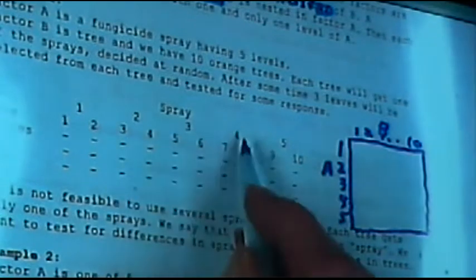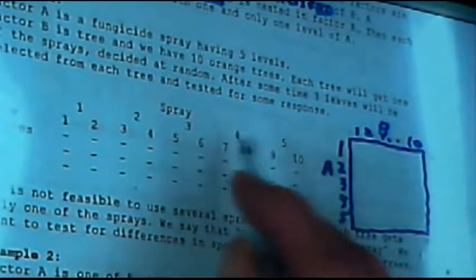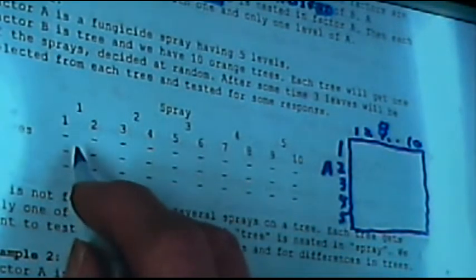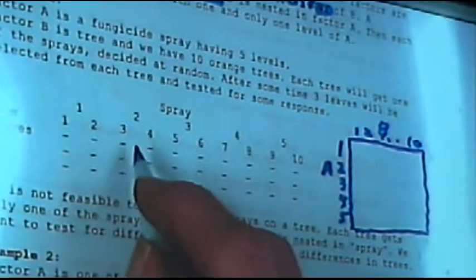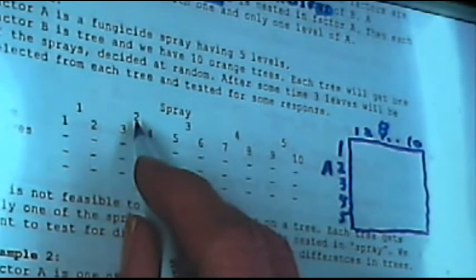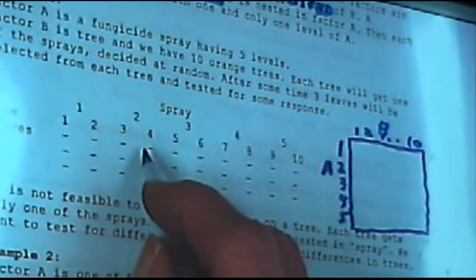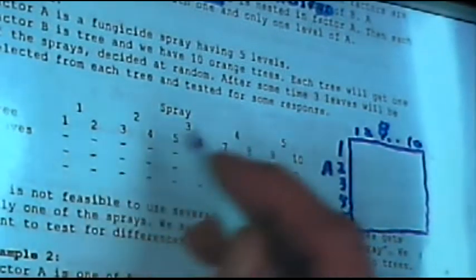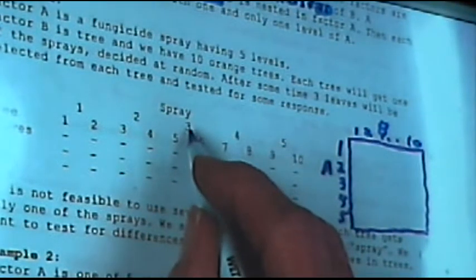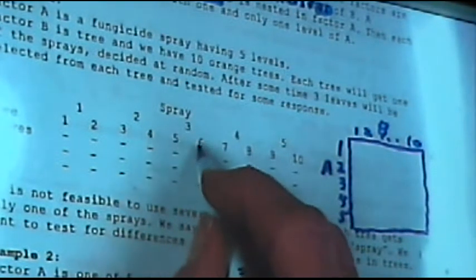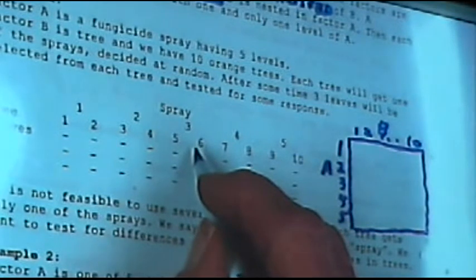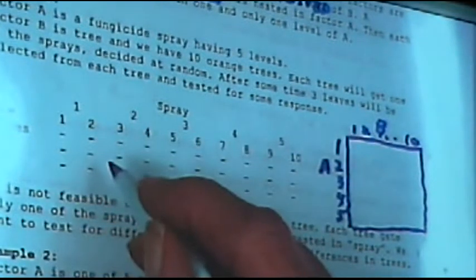So I've laid out a table here that might express that approach. So we have spray 1, 2, 3, 4, 5, and then for spray 1, there's 2 trees called 1, 2. For spray 2, there's 2 trees. Now notice again, I didn't call them 1 and 2. I called them 3 and 4 because they're different trees than the first 2. Then when I come to spray 3, I call the trees 5 and 6 because they're still different trees than the earlier ones.